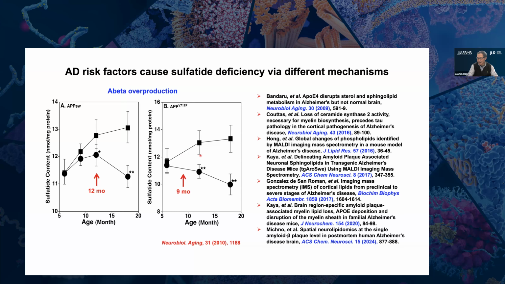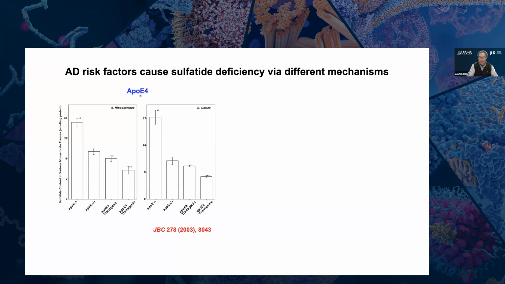This finding has been replicated by many studies in the literature, using different tools and different animal models. And for ApoE4, we found it is much lower in the ApoE4 carrier transgenic mouse brain compared to ApoE3 as well as mouse ApoE.